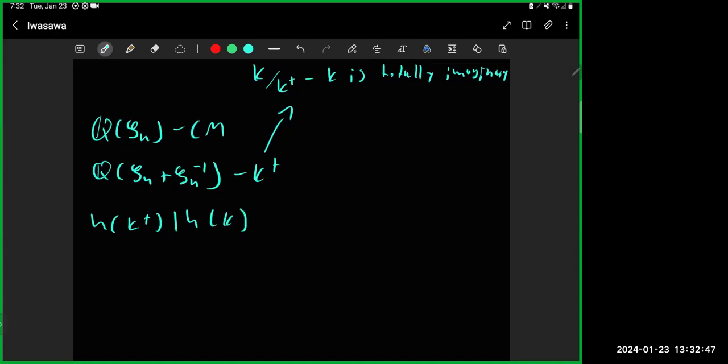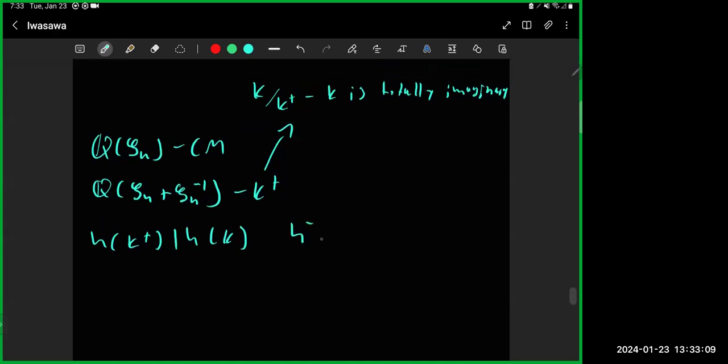And this is great because this lets us consider less information at once. Specifically, for example, in these cyclotomic fields, we define the relative class number H minus as being H of K divided by H of K plus.